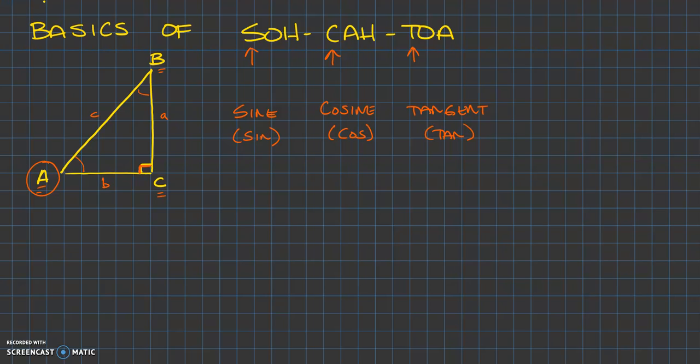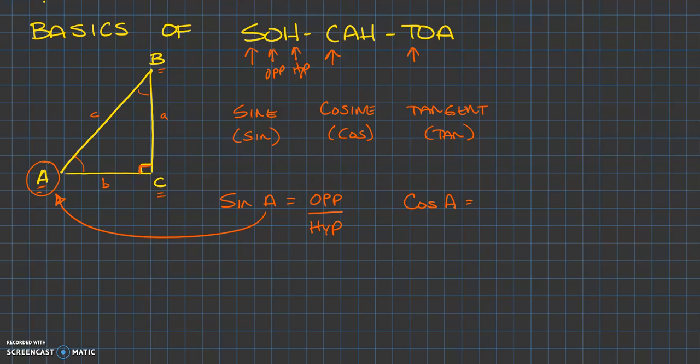Now what are these? Now the sine, it's about a ratio. So if we were to say, what is the sine of A? Now this A is that A, the sine of angle A. Well, it is the ratio of the opposite side to the hypotenuse. Opposite, hypotenuse. Well, what if I wanted to do the cosine of A?